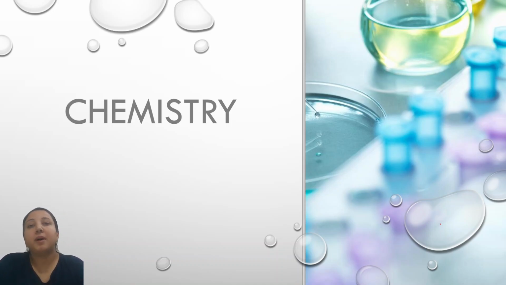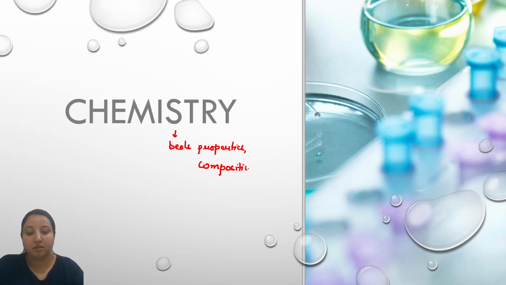Now, when we are talking about chemistry, what is the meaning of the word or the subject chemistry? Basically, chemistry is a subject which deals with the properties, compositions, structure of elements and compounds.